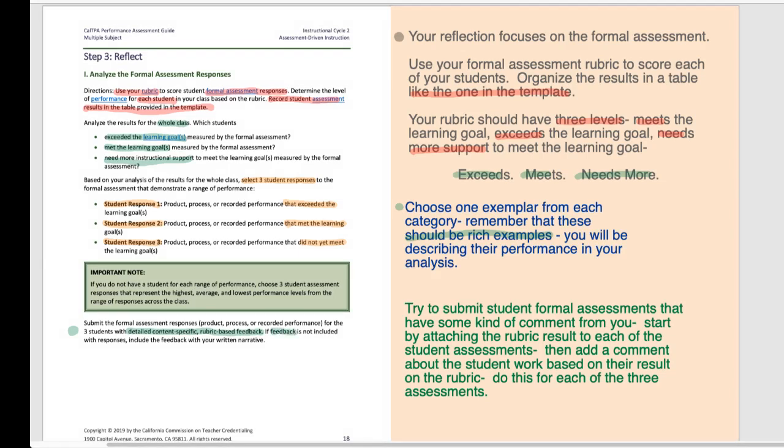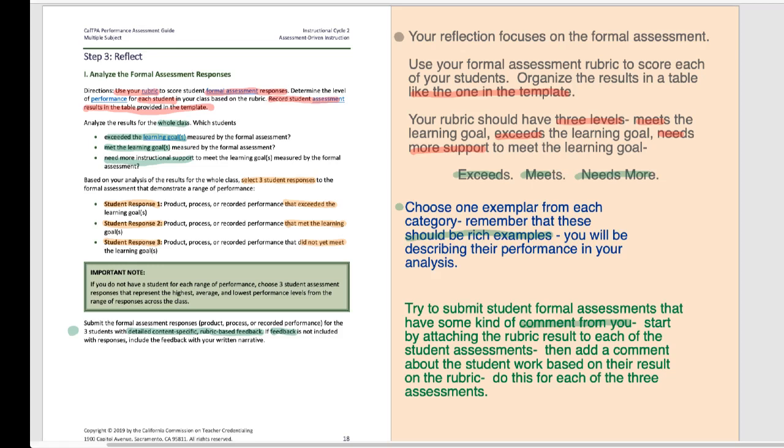What I wrote here is try to submit student formal assessments that have some kind of comment from you. So if you're doing some kind of written thing, you should have some written comment on that assessment, whether it was a problem-solving activity or some kind of essay or something. You've written something on it.